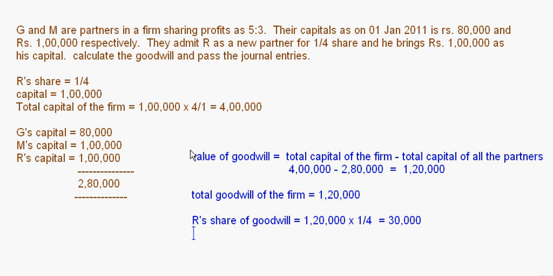Done? Okay, now after this you have to pass the journal entry, so I need to find out the sacrificing ratio in this, right? Sacrificing ratio. Okay, R's share is equal to 1/4, right? So the remaining share will be 1 minus 1/4 is equal to 3/4. Fine.